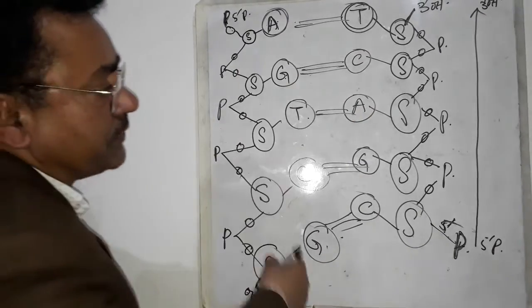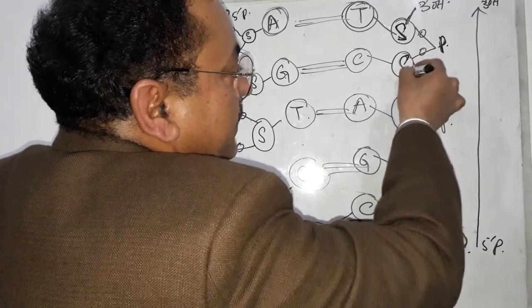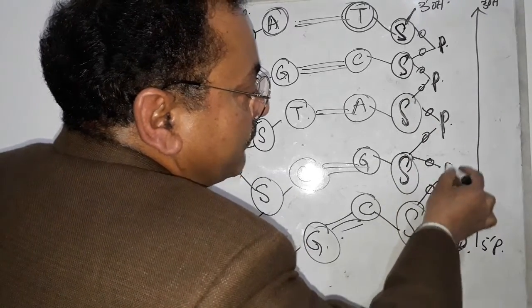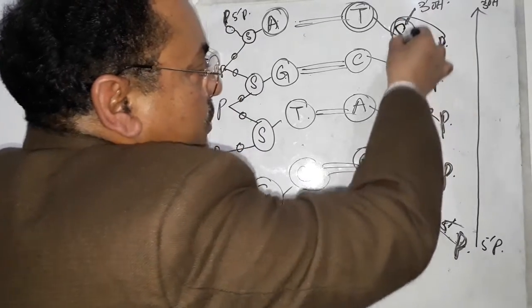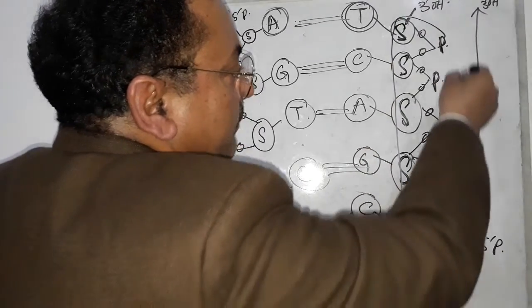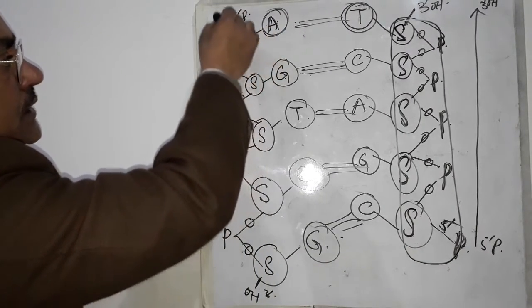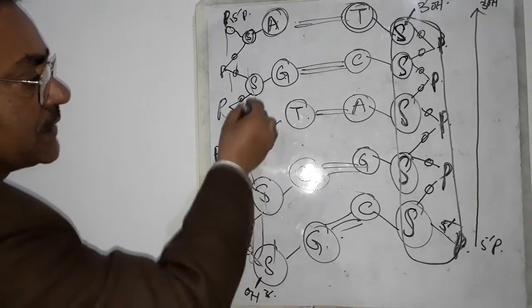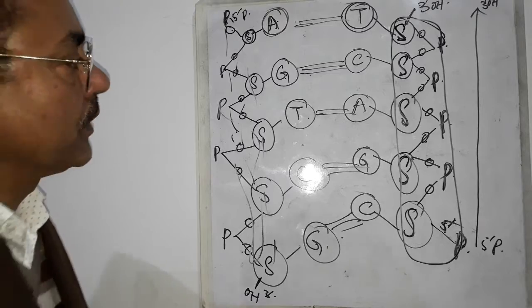Now in each strand you will notice sugars and phosphates. These sugars and phosphates, like this, constitute the sugar phosphate backbone. And also in this, sugars and phosphates constitute this sugar phosphate backbone.